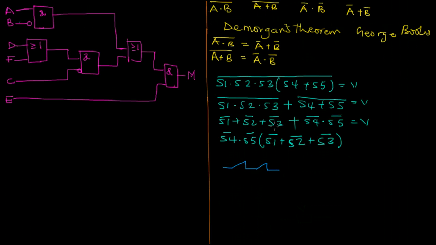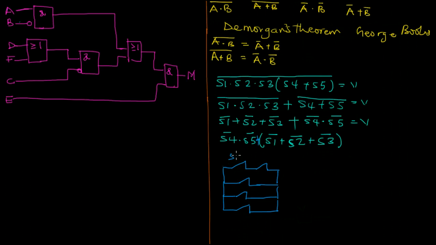Then let's not forget that we have a plus sign here, which means it is in parallel with the whole of this. So the output of this S4 and S5 is in parallel with S1 normally closed, also in parallel with S2 normally closed, and S3 normally closed.